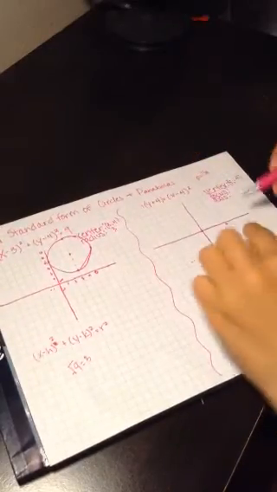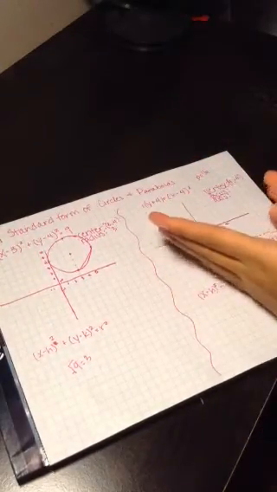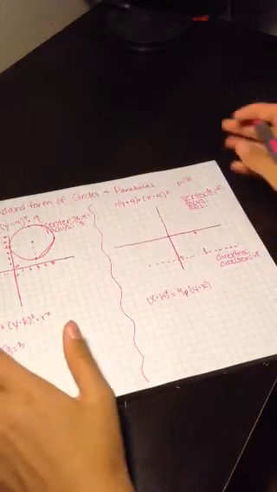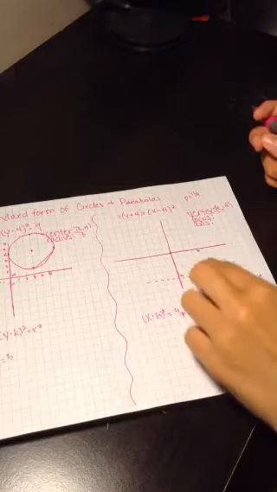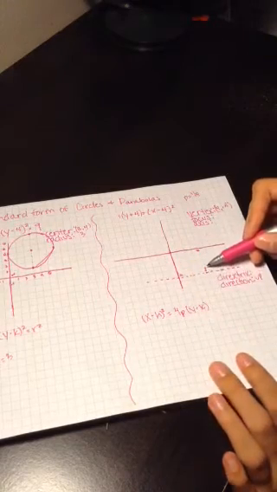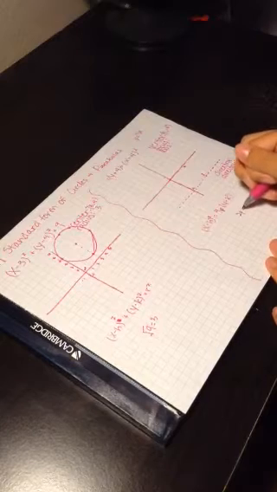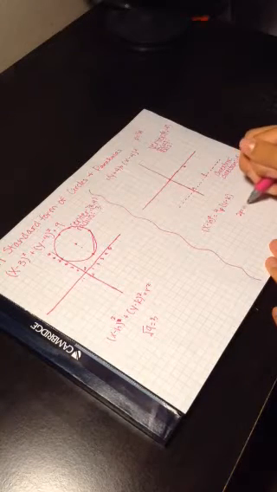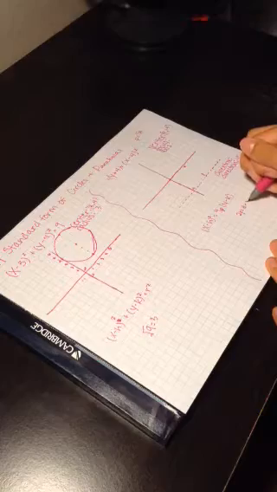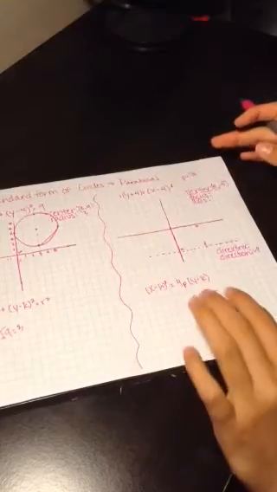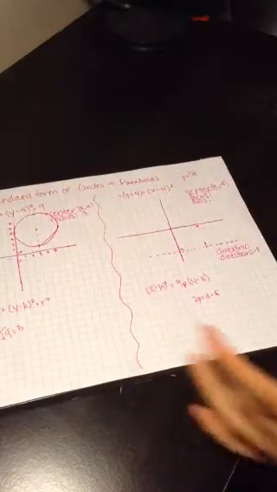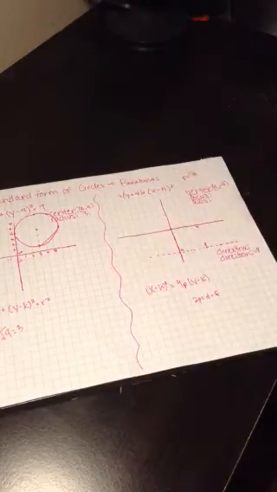To find how wide this opens up, we need to be able to go from the directrix to the focus, and how long is that? So it's basically 2p equals directrix to focus. This isn't an actual equation or formula, but it's just to give you a good example of what that looks like.